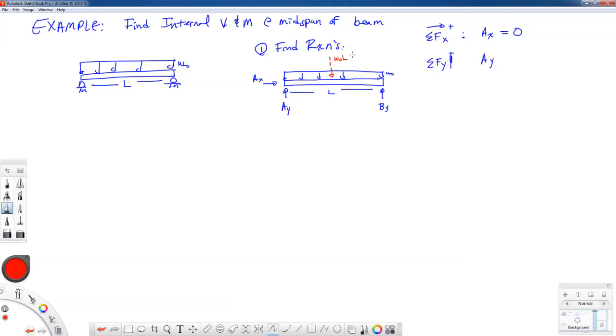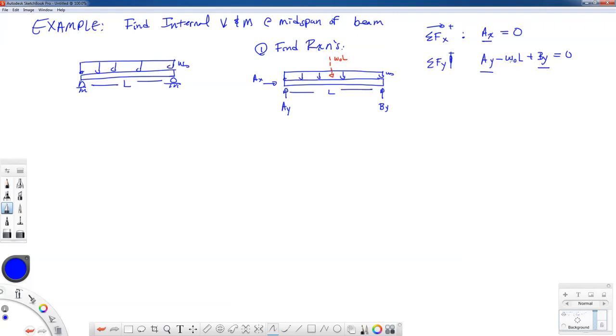In this case, we have the area of a rectangle, and that area is W0 times L. The statically equivalent load is pointed downward, so minus W0 times L, and then I have plus BY equal to 0 for equilibrium.